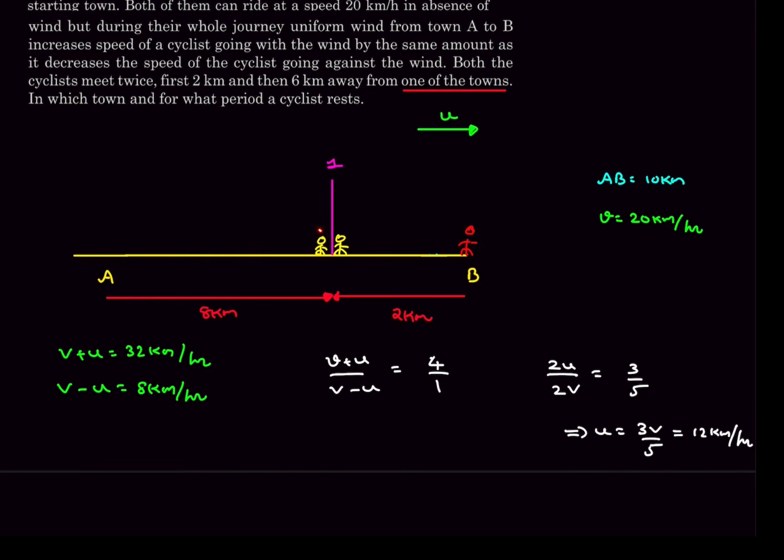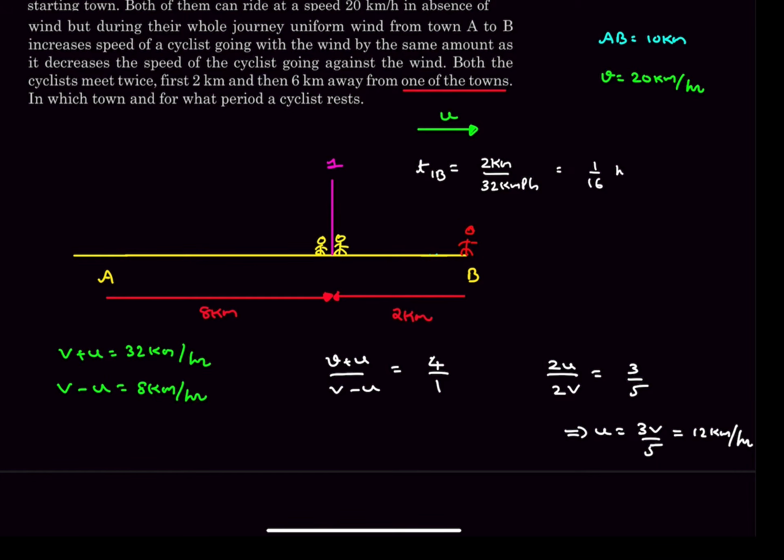Okay, so let's now figure out the time taken by the first cyclist to reach town B. Let's call that time T1B, which is the time taken to go from 1 to B. So the distance is 2 kilometers and the speed with which he's running is 32 kmph. So he will cover it in 1/16 hours.